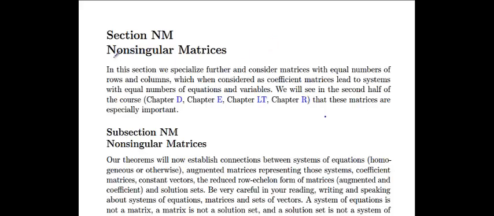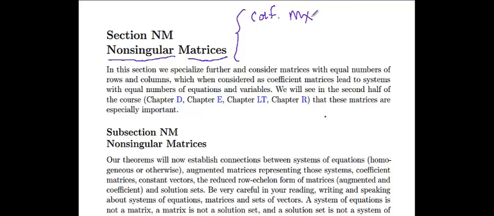Okay, so we're going to define a special type of matrix called a non-singular matrix. In this book, we've made a connection between matrices and systems of equations. Let me just tell you the upshot for what a non-singular matrix is. It's the coefficient matrix.